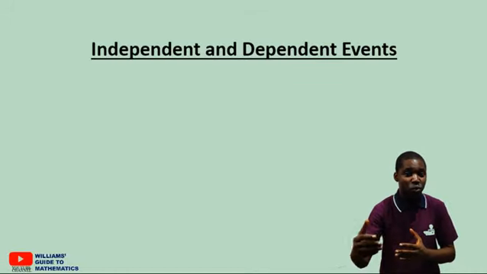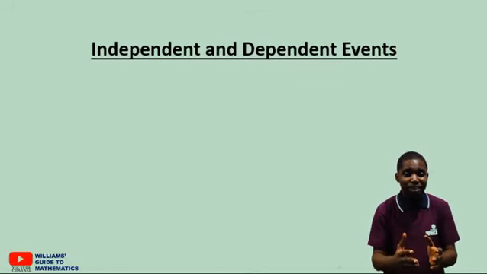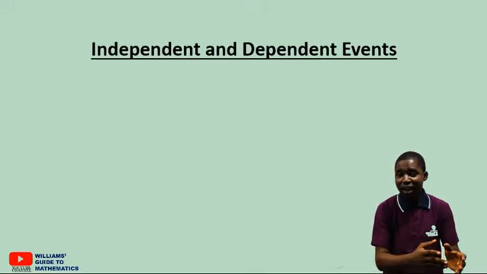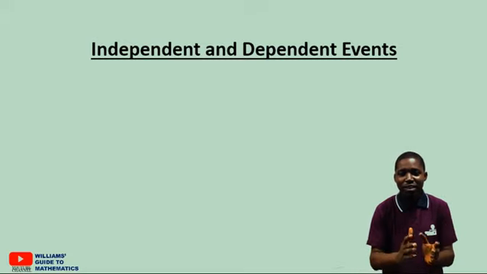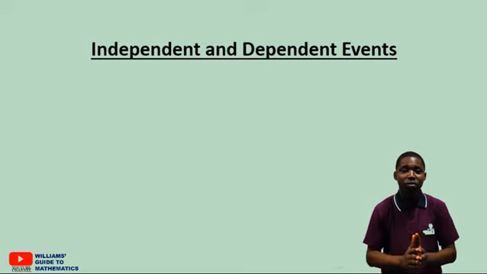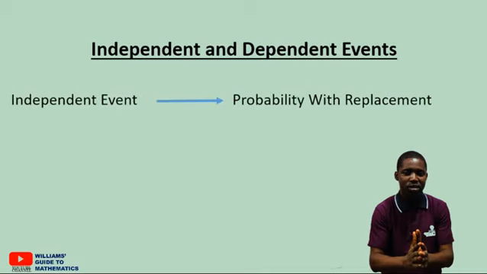Dependent events are events that affect one another, unlike independent events, which I told you earlier do not affect one another. Another good way of distinguishing independent and dependent events is that independent events come in the form of with replacement.